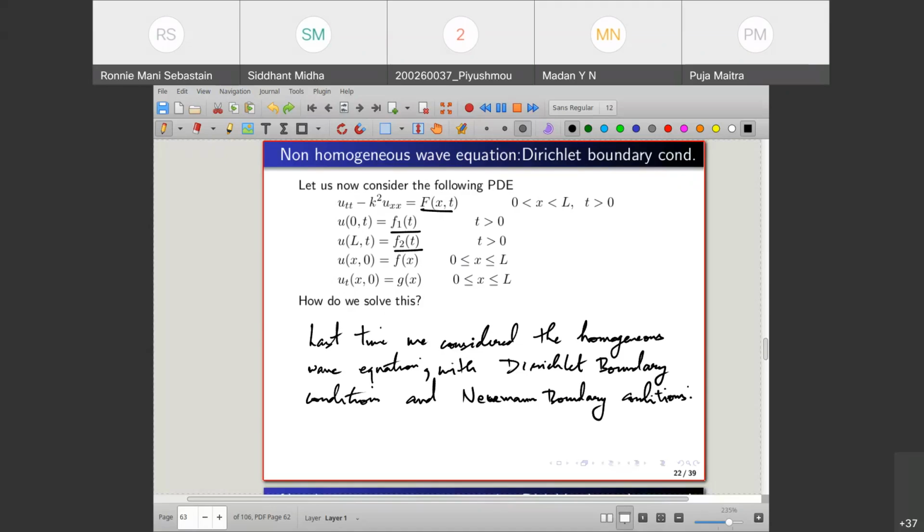Okay, great. So this time we are going to consider this non-homogeneous PDE. This is the wave equation. If you are interested in such things and want to give some physical significance to this, then this means that there is a wave, and if I look at the endpoint of this wave, the position of the wave follows this rule f1(t).